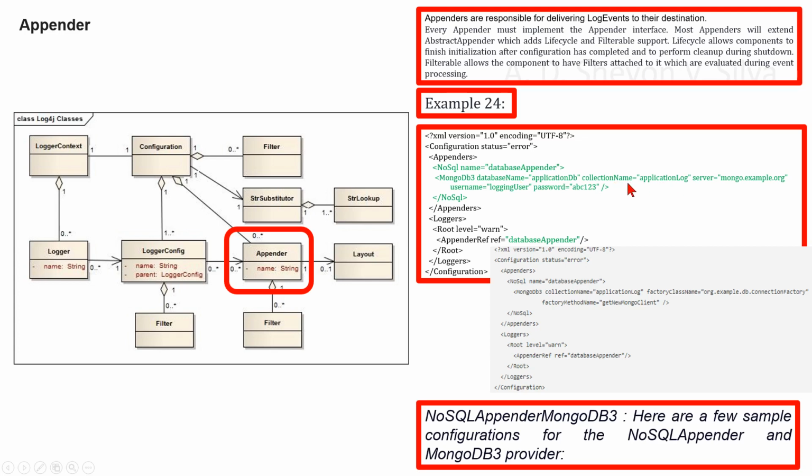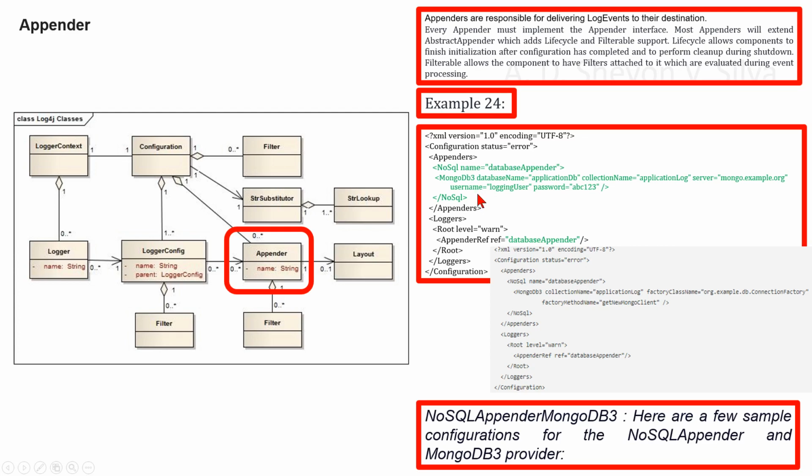Collection name, string, required: the name of the MongoDB collection to insert the events into. Server, string: see the documentation for attribute database name.